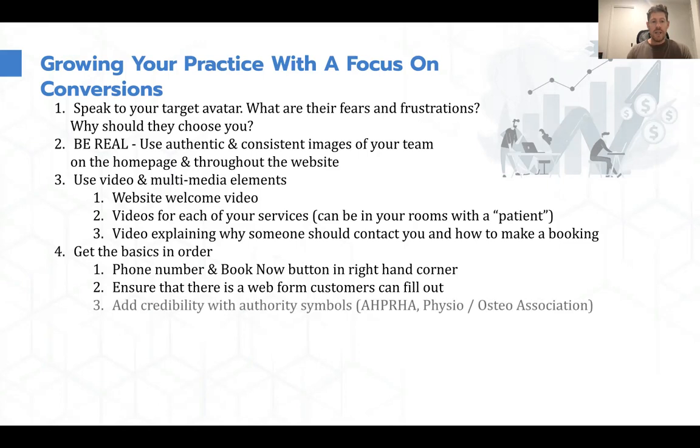One thing I noticed as well is that some sites do really well and some sites don't have anything there, and that is credibility with authority logos and symbols. If you're APRA registered, get the APRA logo and a link to their website, along with any physio, chiro, or osteo associations.